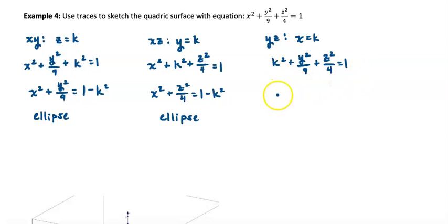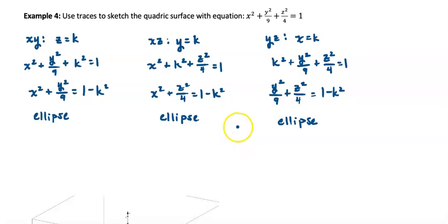Rearranging this, bringing that constant over to the other side, we get y squared over 9 plus z squared over 4 is equal to 1 minus k squared, which is just a constant. And again, we've got y squared and z squared terms that are both positive, and we've got different coefficients. And so again, this is an ellipse.